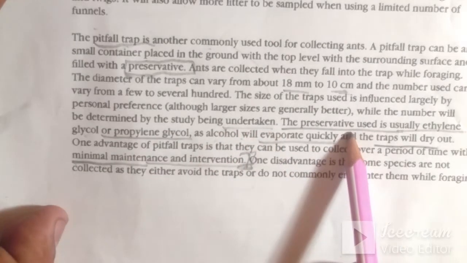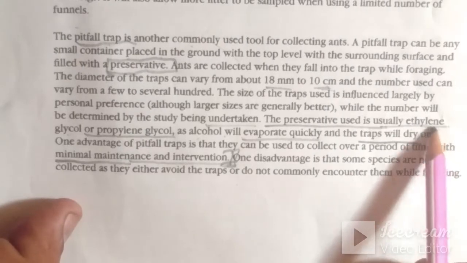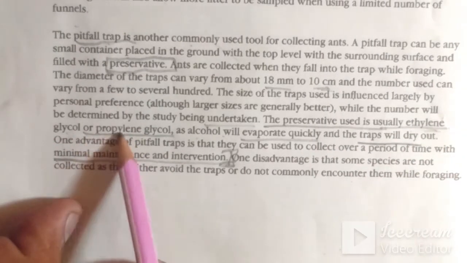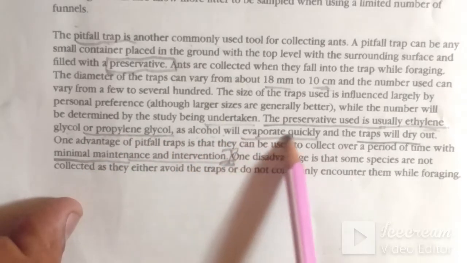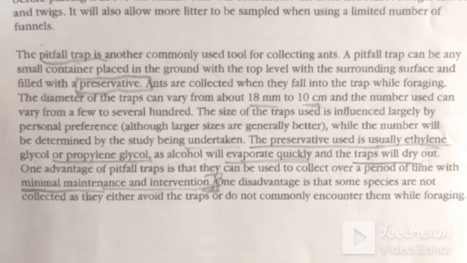The preservative used is ethylene glycol, propylene glycol or alcohol, which evaporate quickly and traps will dry out. So here they are telling about the disadvantage of the preservative.